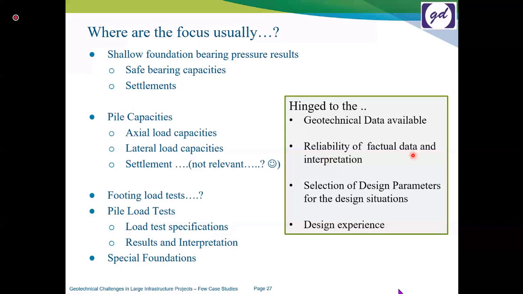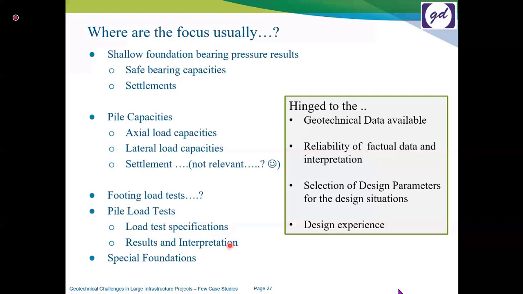Regarding the reliability of the factual data, as I said, nobody informs you that their energy transfer ratio is 40% and your SPT values are, let's say, 40% higher. Then probably the designer who is sitting in the office does not understand what kind of rigs have been used for soil investigation. He simply took whatever data was given and characterized it.